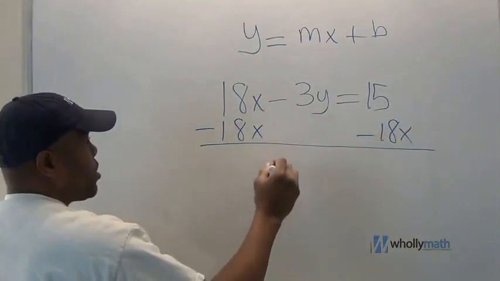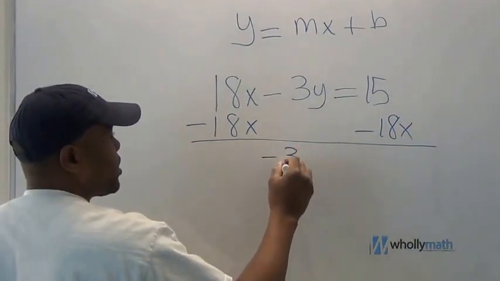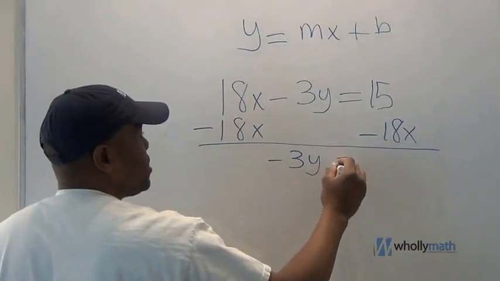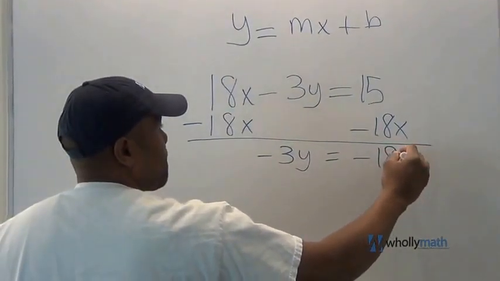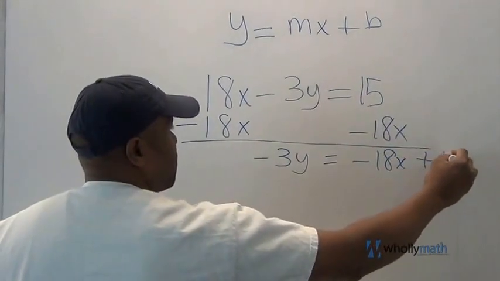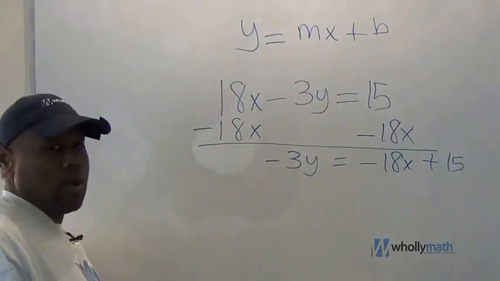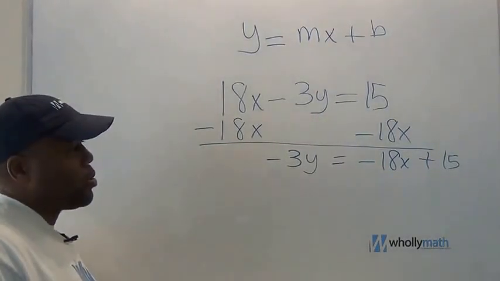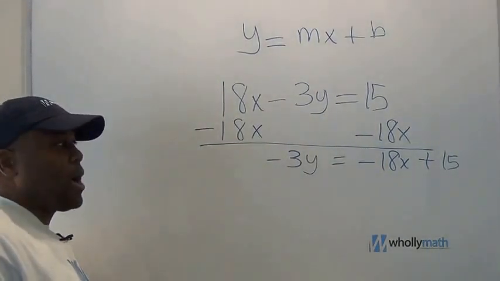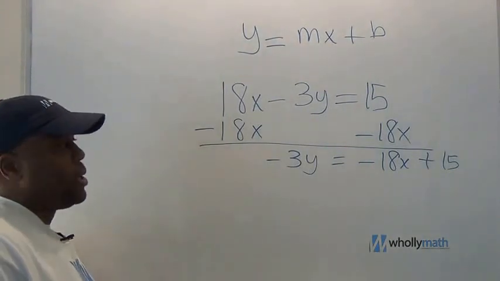Once we do that, we're going to be left with minus 3y is equal to minus 18x plus 15. We're not done yet because we're not solving for negative 3y. We're solving for y.